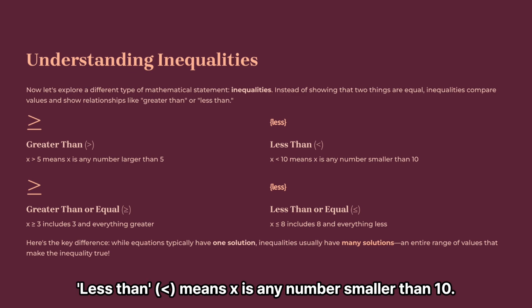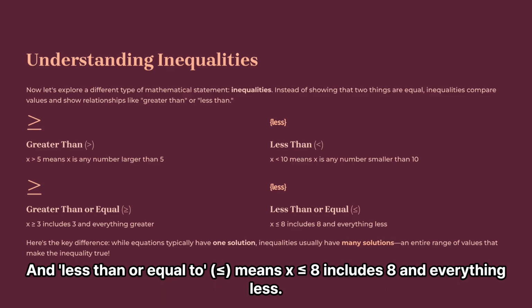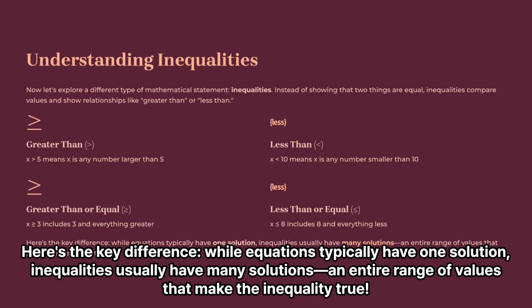Less than means x is any number smaller than 10, and less than or equal to means x is less than or equal to 8 includes 8 and everything less. Here's the key difference. While equations typically have one solution, inequalities usually have many solutions, an entire range of values that makes the inequality true.